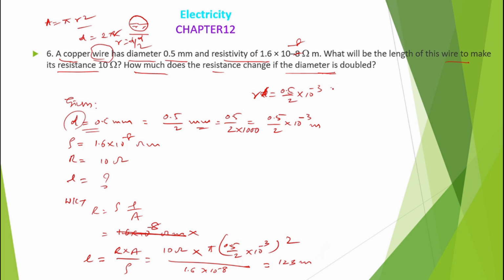So now the second part: what will be the resistance if the dia will become doubled? Okay, that means we are having two resistance. One dia is less, another one is dia is doubled. That means this is A1, this is A2.